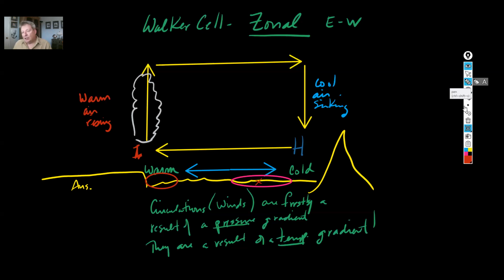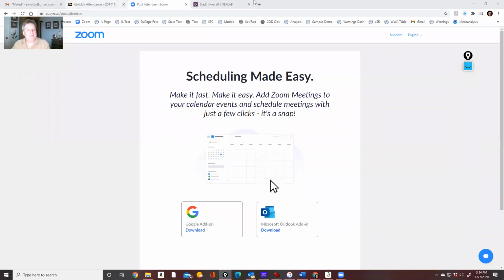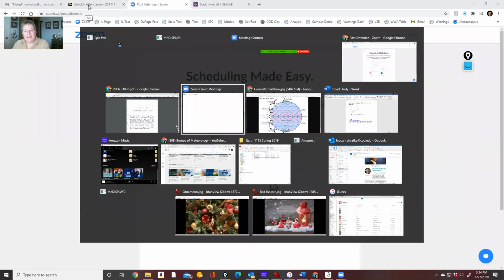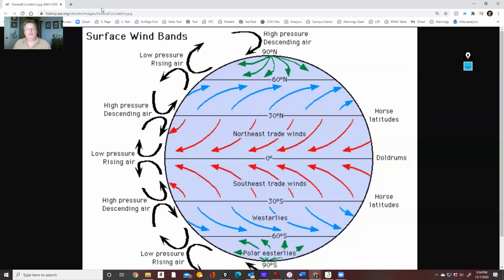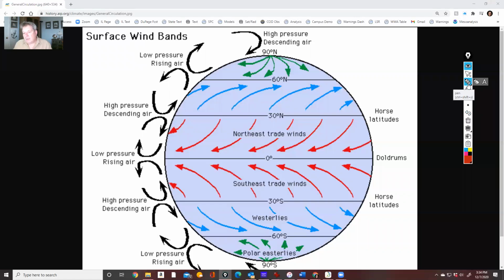However, on the globe, I'm going to go ahead and erase this and show you a picture here because I did get one ready. This picture shows you what all the winds are on the planet, generally speaking, okay? So I'm going to go ahead and erase all this, and I'm going to have my pen out, and I'm going to say, notice in the tropics, we've got rising air here, and it's warm by the equator, and then when it's slightly cooler, the air is sinking over there.